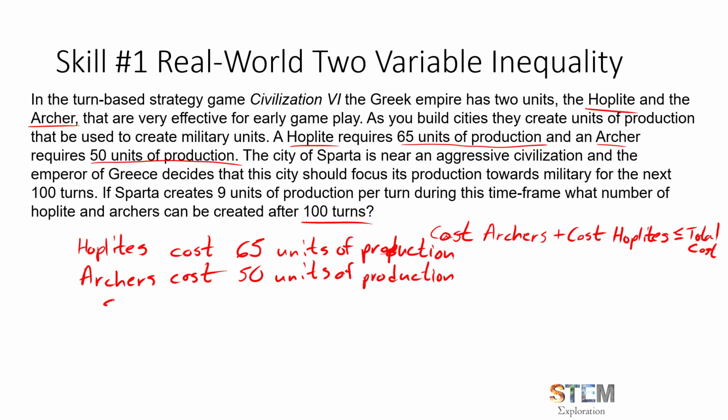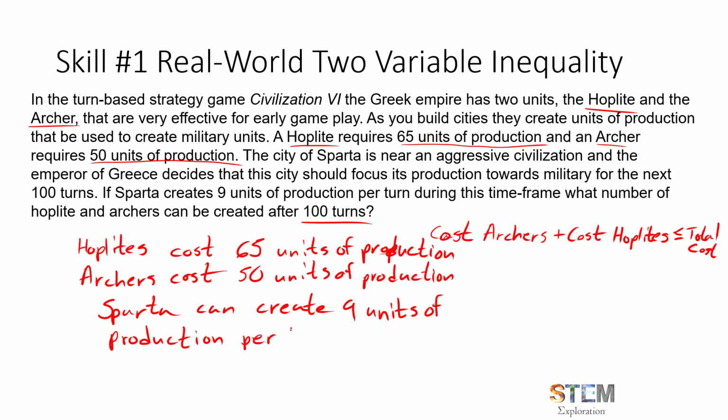We know that Sparta can create 9 units of production per turn for 100 turns.